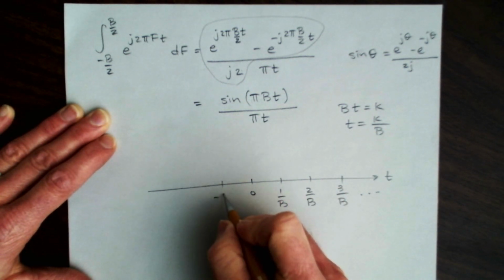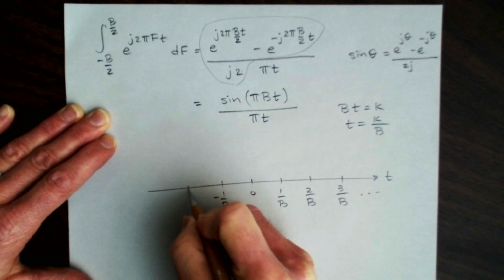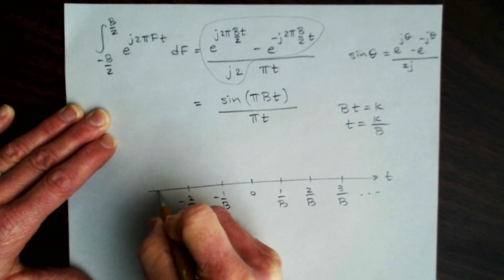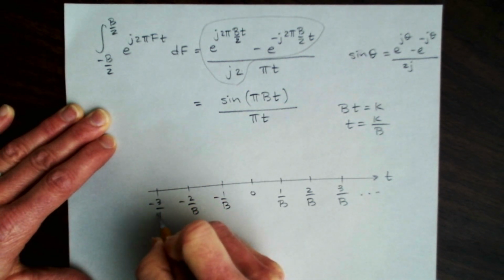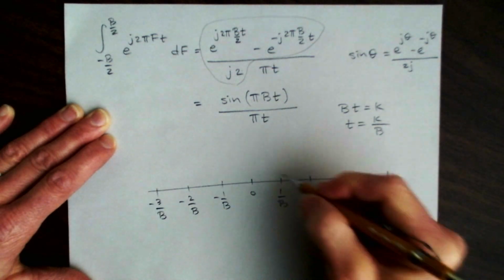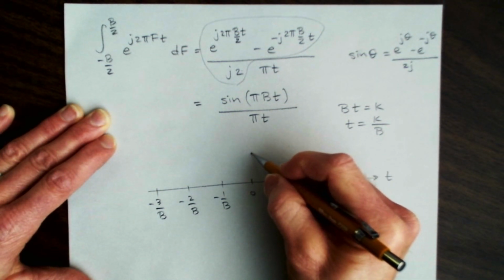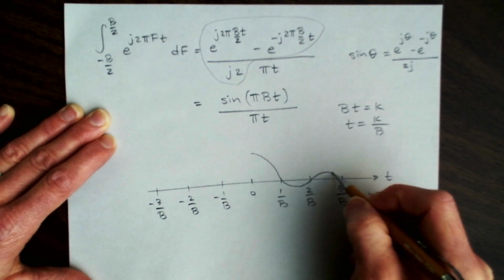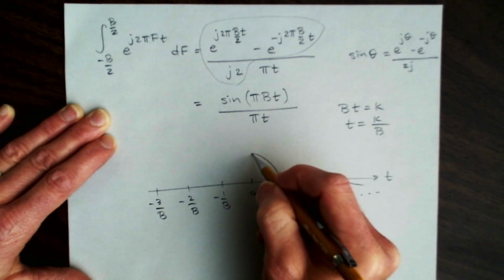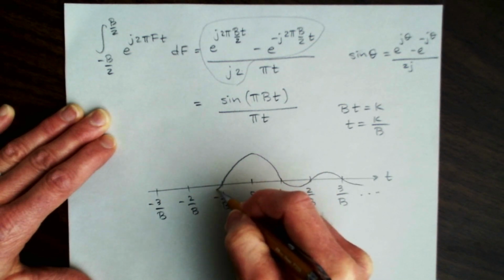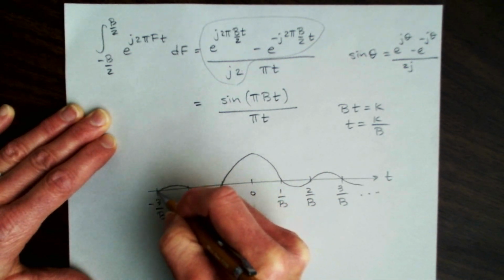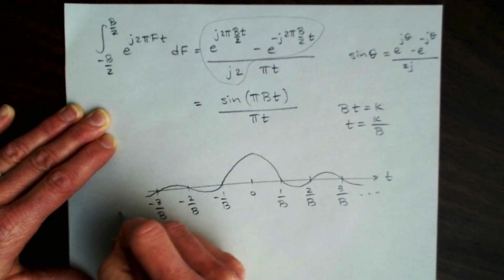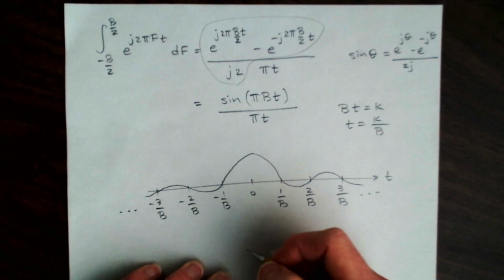And then also we have negative 1 over b, negative 2 over b. And then if we were to sketch this in, it looks like a sine wave, sort of, with a decaying envelope. The decaying envelope comes from the 1 over t factor and so on. So it looks something like this.